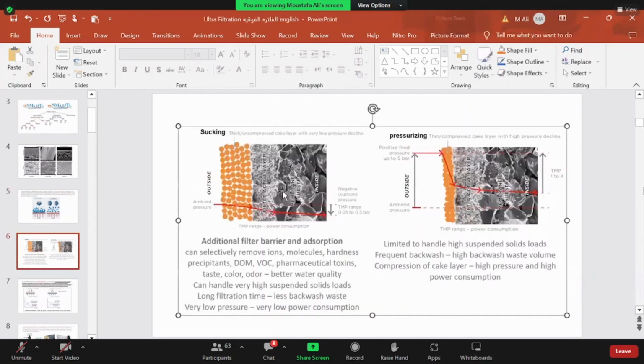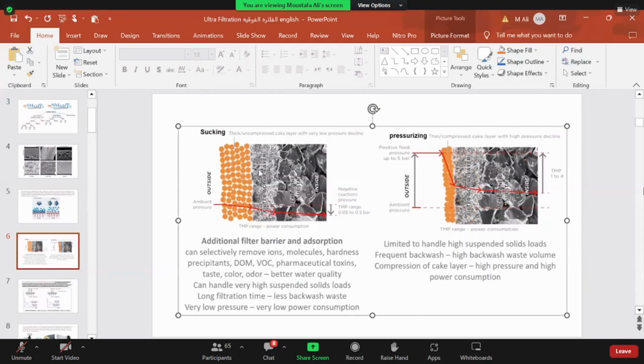Okay. Regarding dead-end filtration, we also pointed out that in case of suction from the filtrate side across the membrane surface, the accumulated cake layer will be friable and easy to remove, with not much infiltration inside the membrane texture or material.